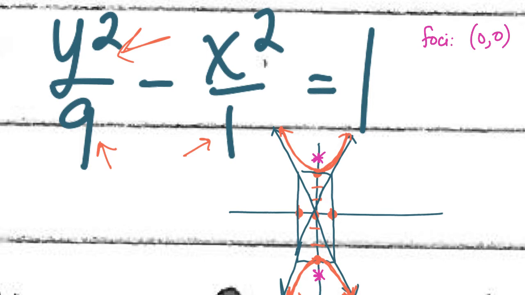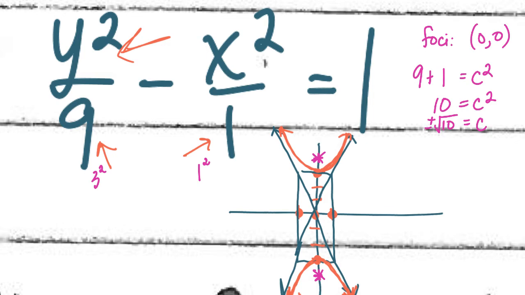So this time I'm just taking the numbers and adding them, because this a was 3, remember 3 squared, and this b was 1. a squared plus b squared is equal to c squared. So I know that 10 is equal to c squared, where c is equal to plus or minus root 10. Well, remember that's just a little over 3.